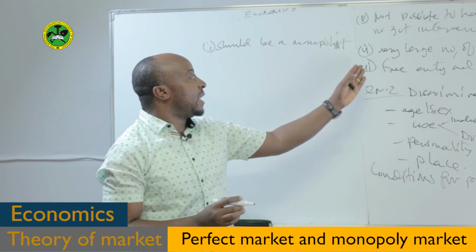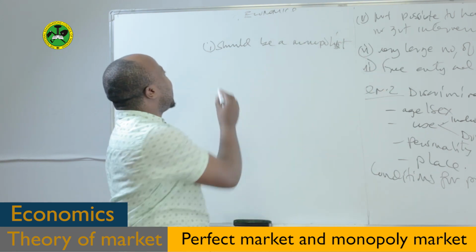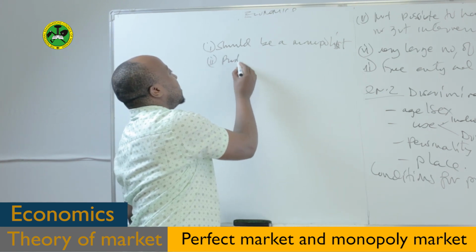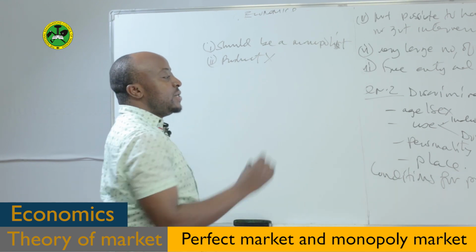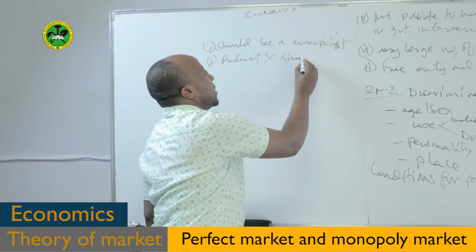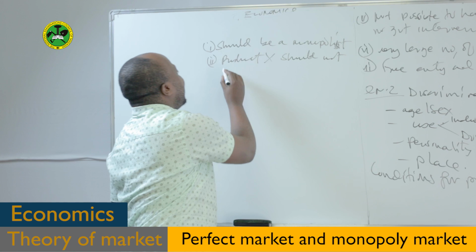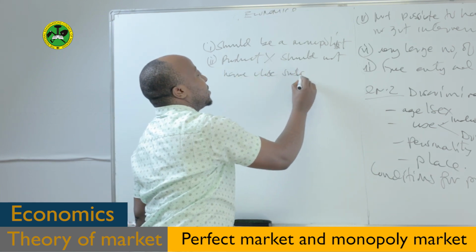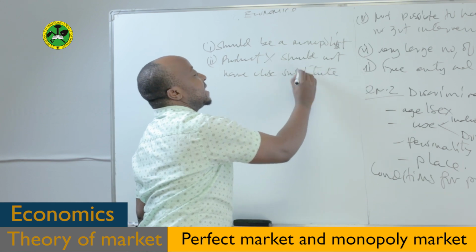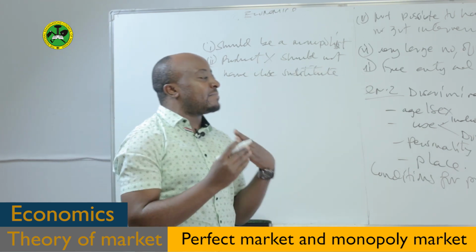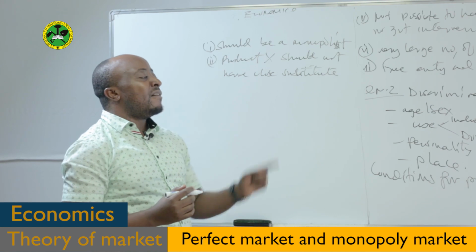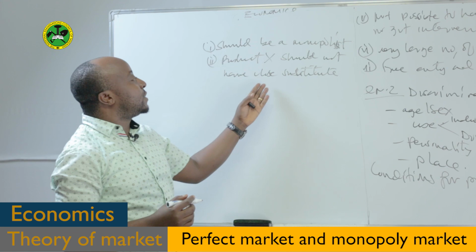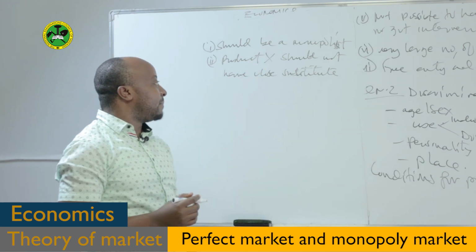And if he is a monopolist, then the second condition is that product X, which John is selling, should not have close substitutes. For price discrimination to be successful, make sure the product you are selling has no close substitutes.